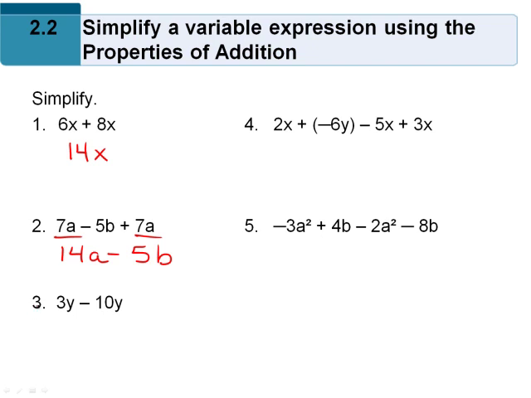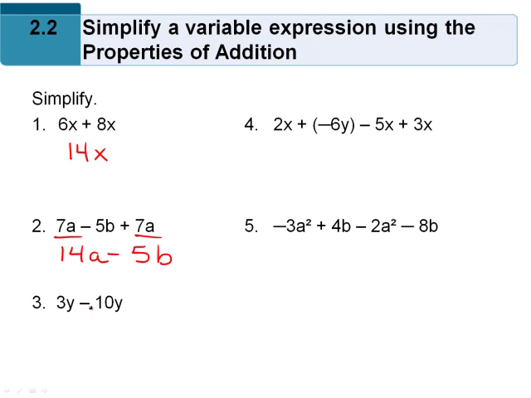Look at number 3. This is where you really want to start working towards keeping the sign with the number behind it. We have 3y minus 10y. So what you're looking at, they both have y's, so those are like terms. Here's how I want you to see this problem. That is a positive 3.